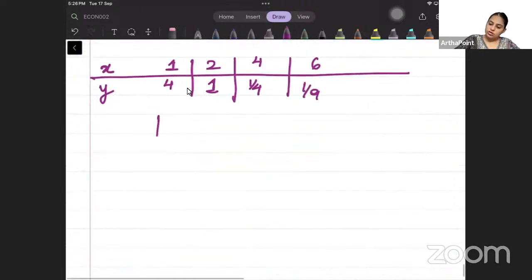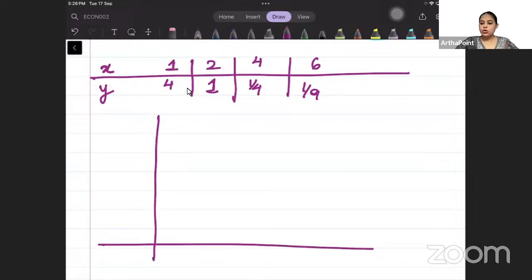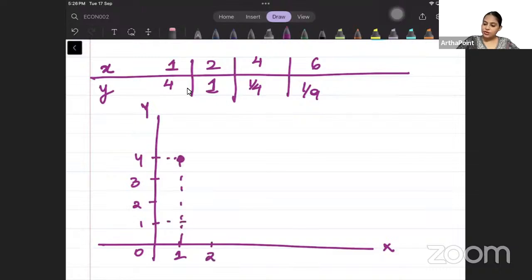So how can you plot this? कैसे plot कर सकते हो? When x is 1, this is x, this is y. When x is 1, y is 4. 1, 2, 3, 4. When x is 2, y is 1.